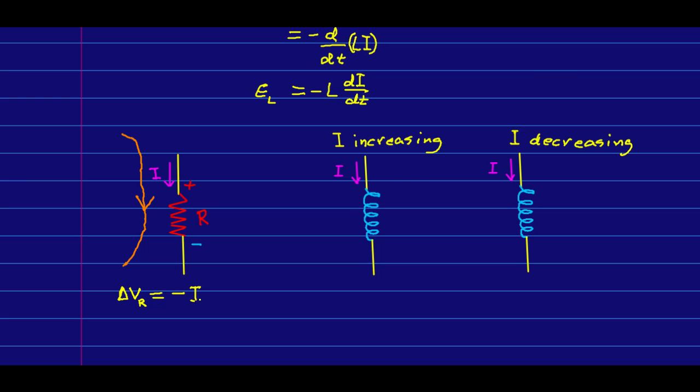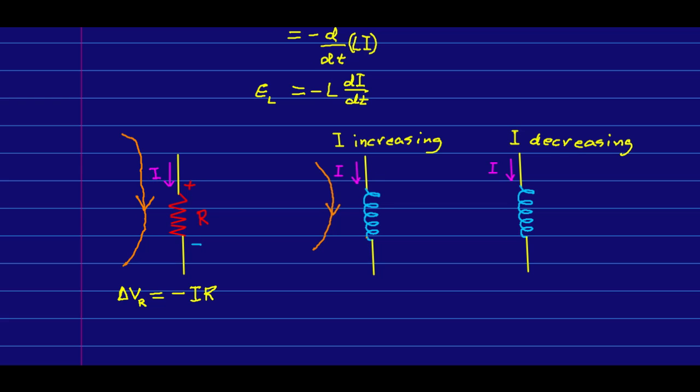We usually only write Ohm's law as delta V equals IR, but there's a sign convention that if you're tracing in the direction of the current around a circuit, then there's a negative to indicate that that's a negative potential difference.